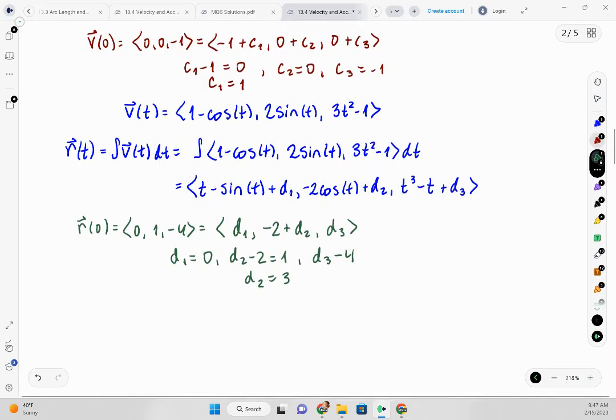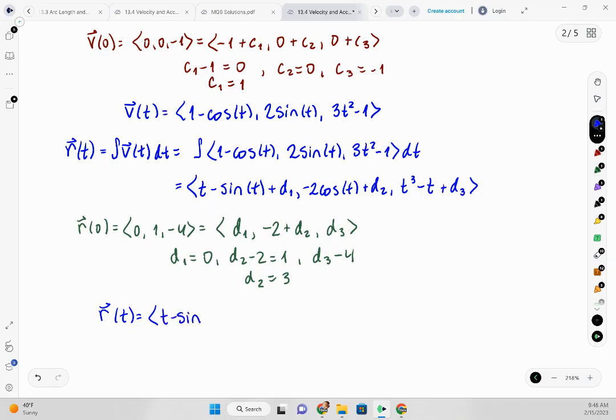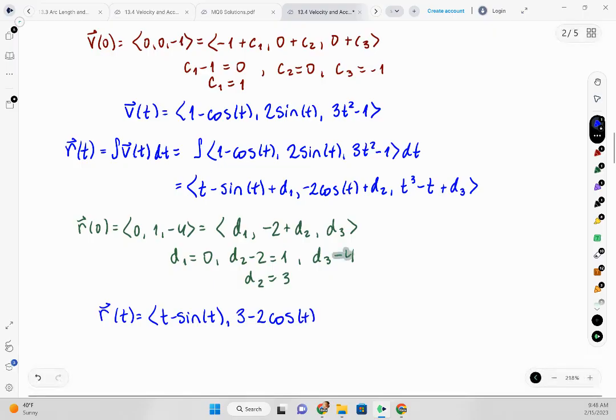Okay, so now I can put those in, and I have my final position vector. R of t is equal to a vector with components t minus sine of t. d1 was 0, so nothing there. And then d2 was 3, so I'll rewrite this as 3 minus 2 cosine of t. d3 is equal to negative 4.